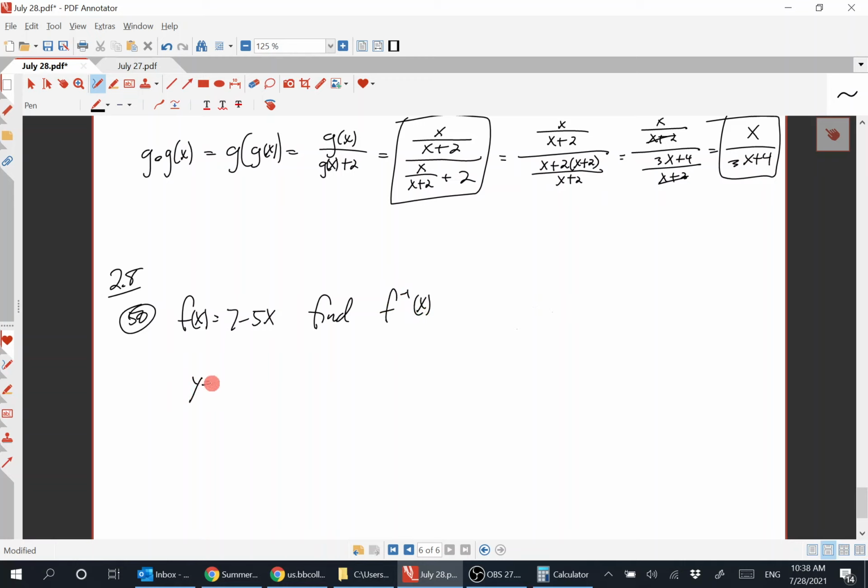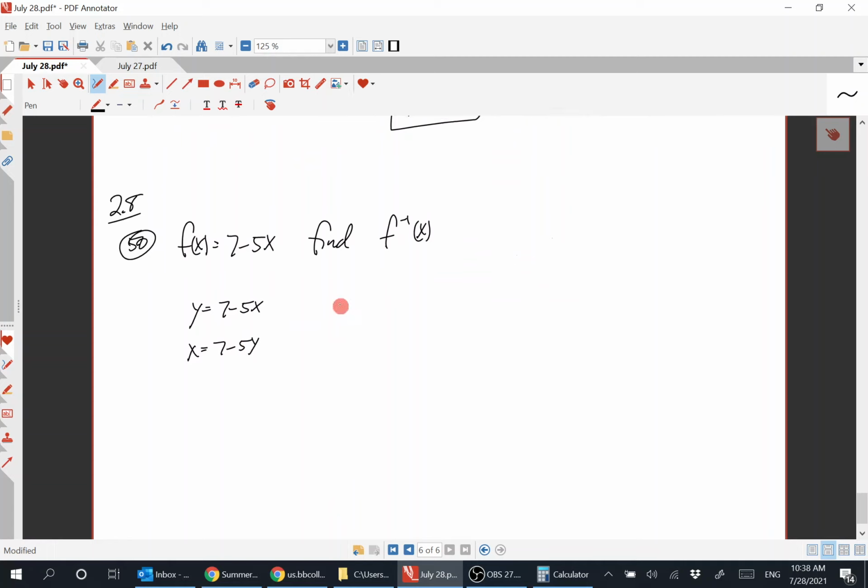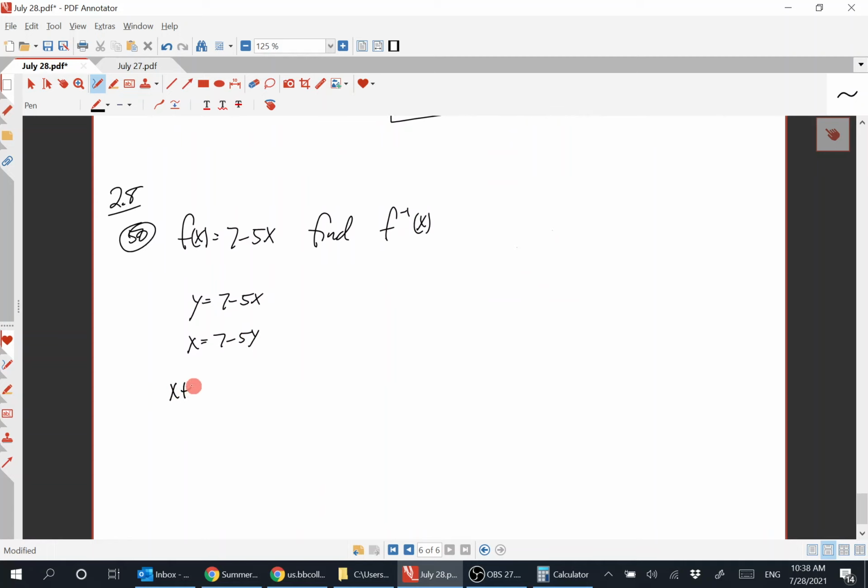What you do is you write y equals 7 minus 5x, exchange x and y, and now solve for y. So x minus 7 is minus 5y. Divide by negative 5. So that's your inverse function. If you don't want to write it like that, it's negative 1/5 x plus 7/5.